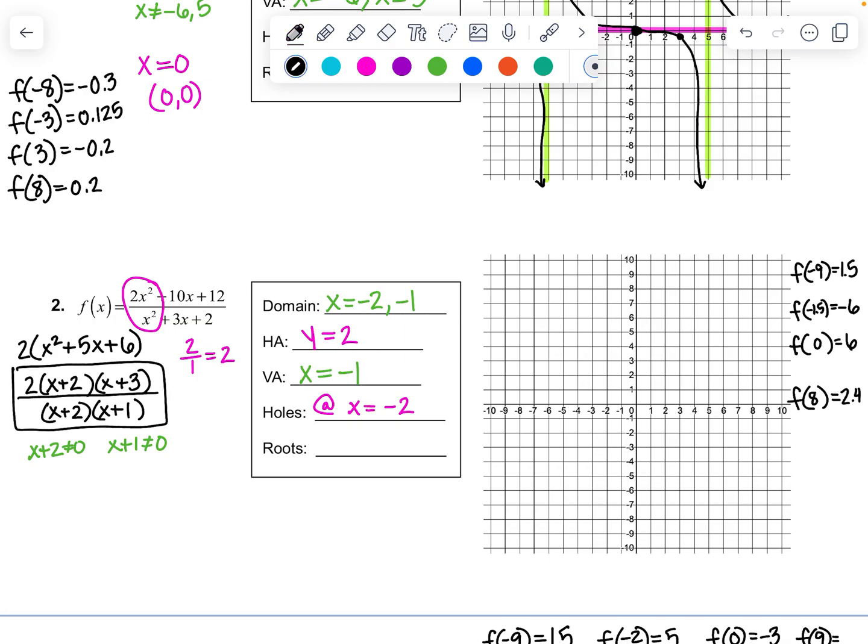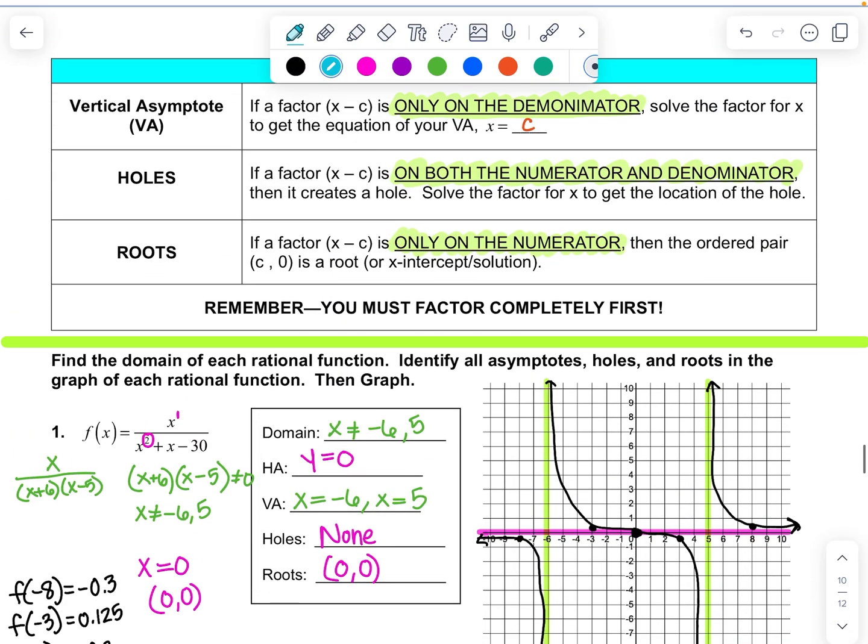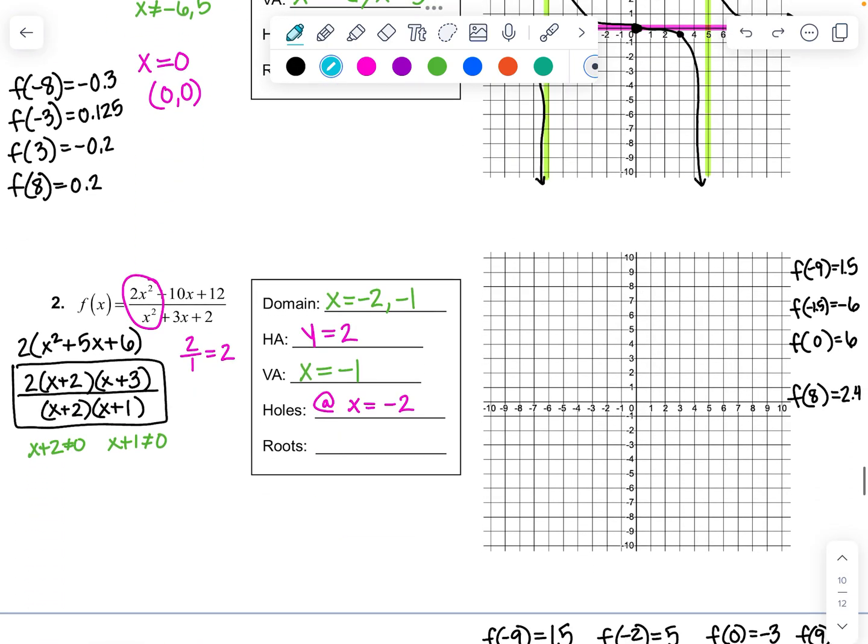And our roots. This is where we are looking at whether the factor shows up only in the numerator. So I see that the factor that is only in the numerator is the x plus 3. When I go to solve that, I get x is equal to negative 3. So for the roots, I have negative 3, 0.